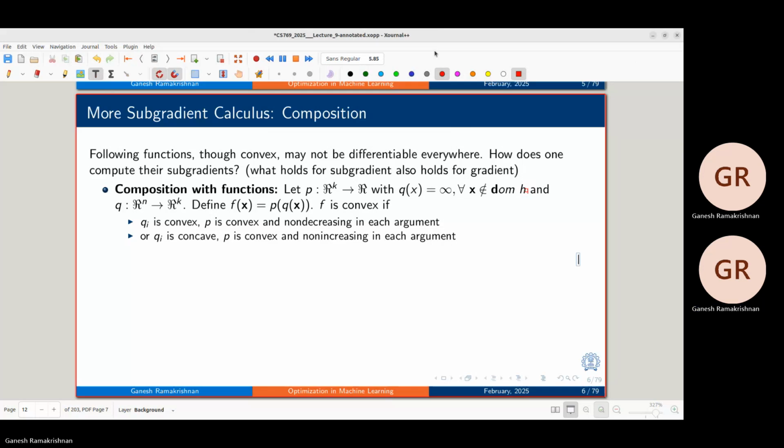So let's take the partial derivatives. This is a partial derivative. Okay, don't confuse this with subdifferential.